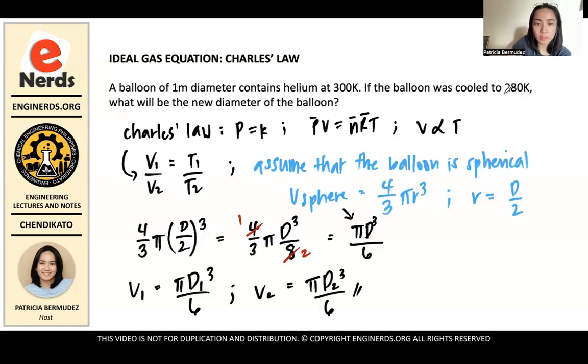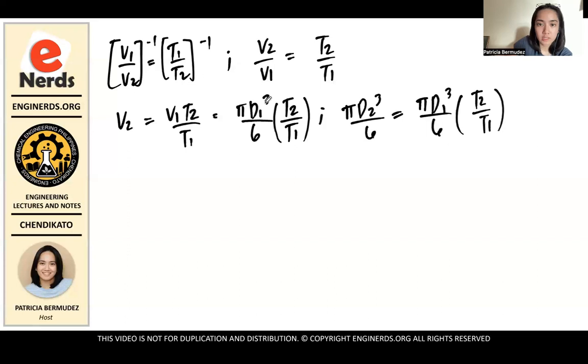And since ang hinahanap sa question is yung new diameter, which is D2, i-isolate natin siya sa one side. So D2 cubed is equal to pi D1 cubed T2 over T1, and then the 6, i-multiply natin siya here.